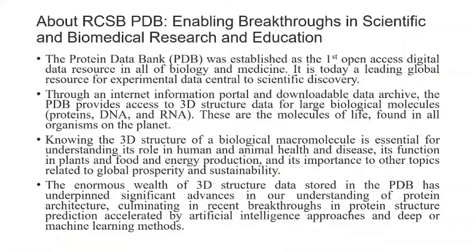Okay, we'll see a little bit of the information on when it was established and who established it. The Protein Data Bank was established as the first open access digital data resource in all of biology and medicine. Today, it is a leading global resource for experimental data central to scientific discovery.